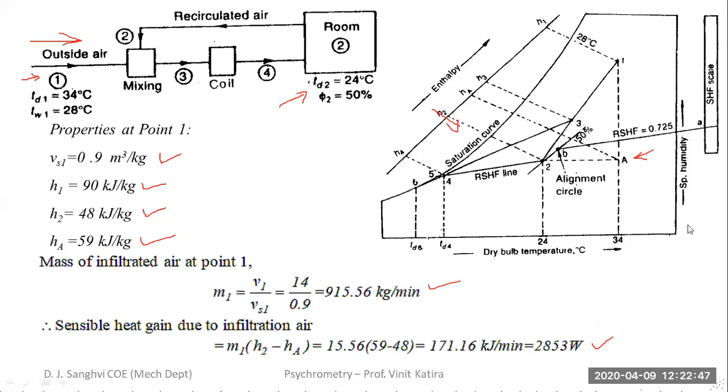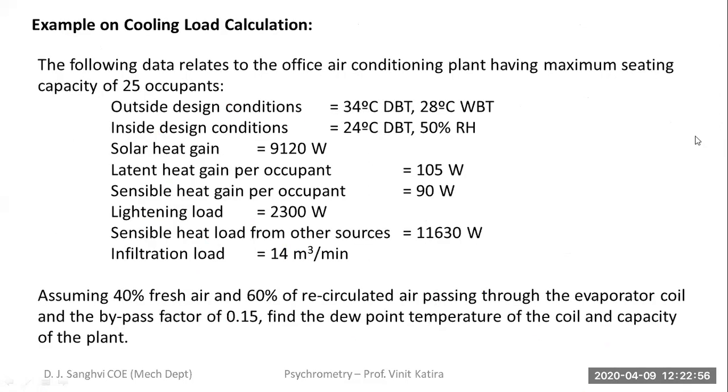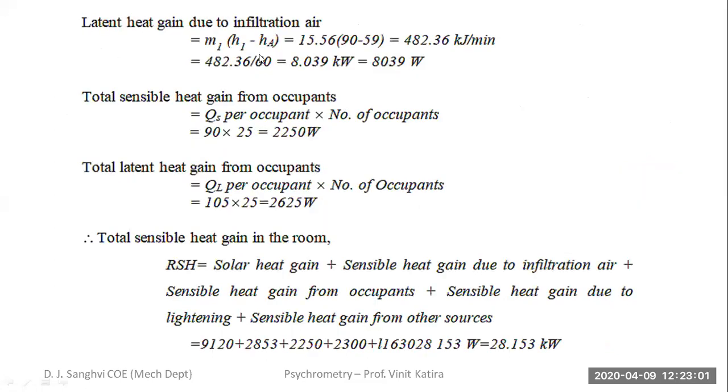So next we will be finding the latent heat gain due to infiltration air. Latent heat gain due to infiltration air is given by M1 into H1 minus HA.